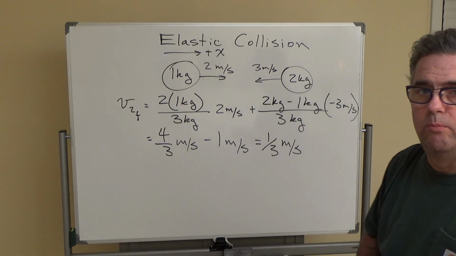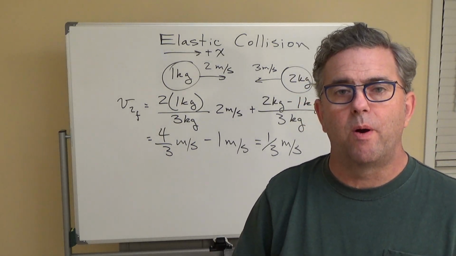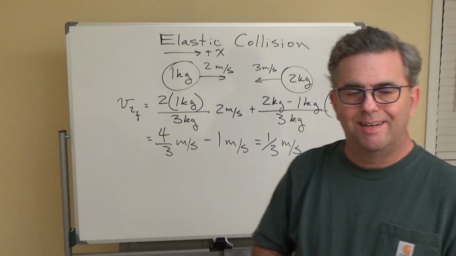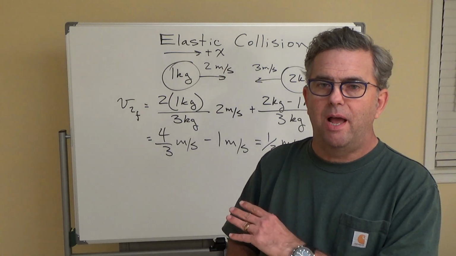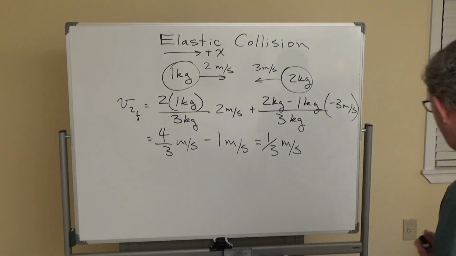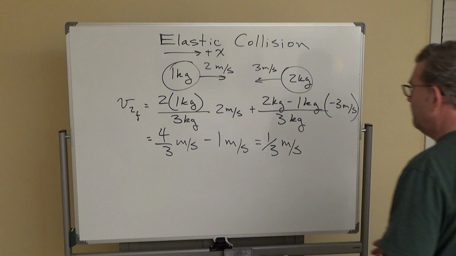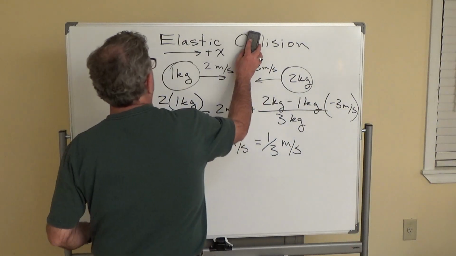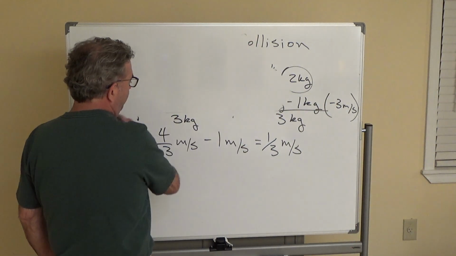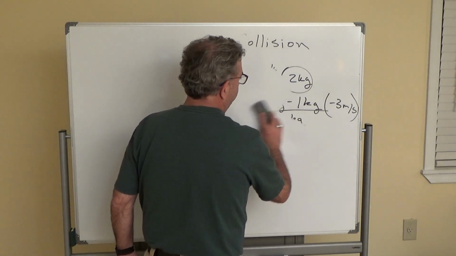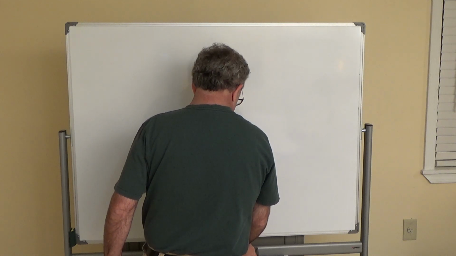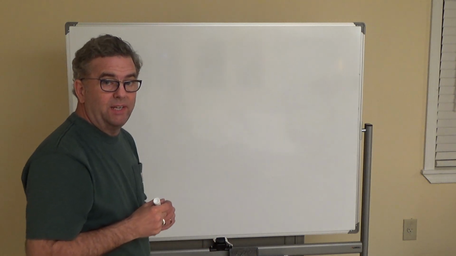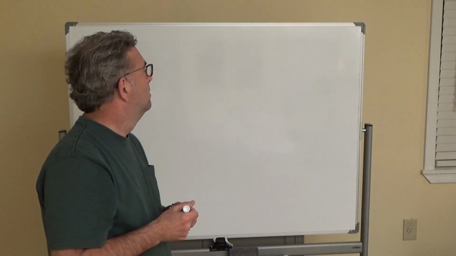We'll do some more examples and some homework problems with those. I want to talk about one other type of collision, which is the perfectly inelastic. For the perfectly inelastic collision, kinetic energy is definitely not conserved.